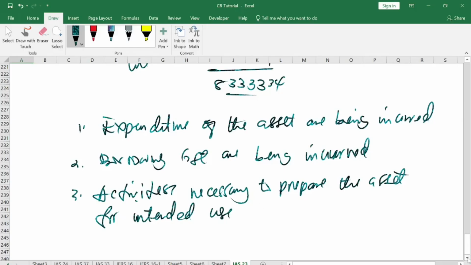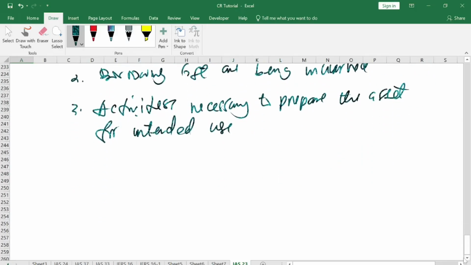So what this means is this. When you take a loan, the intention is that you want to build a factory. If you want to build a factory, what are the necessary preparations ahead? One of them could be acquisition of land. When that starts, you can start capitalizing the interest on the loan.